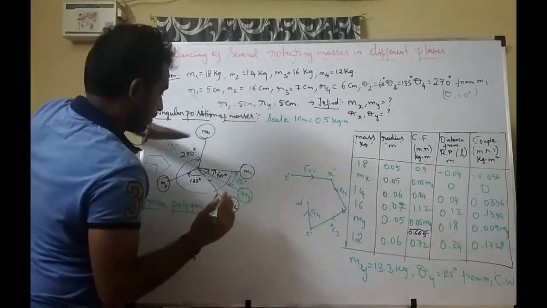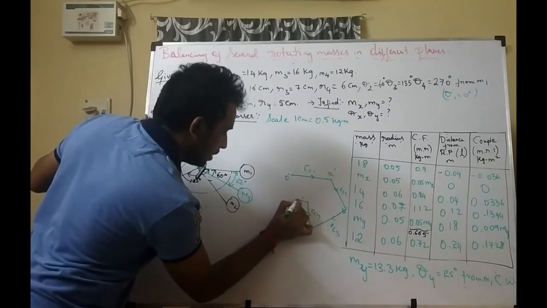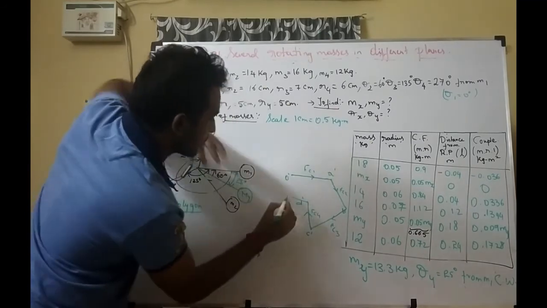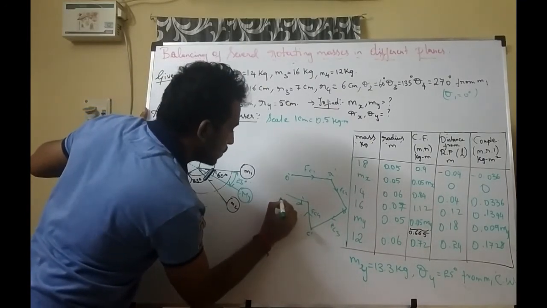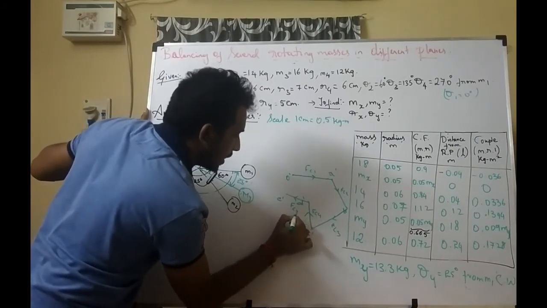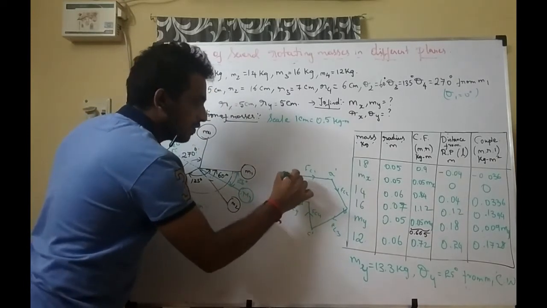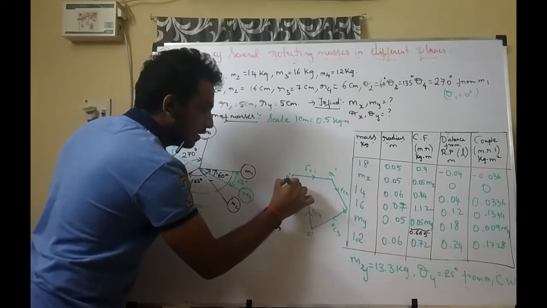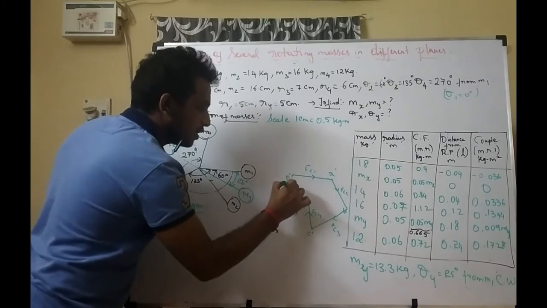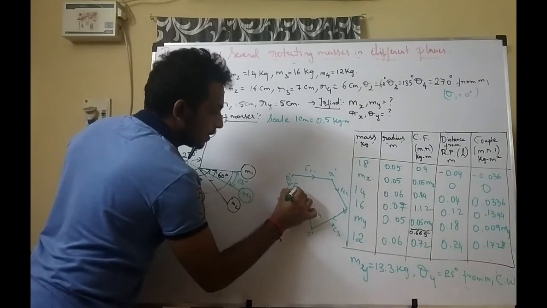We know our mass is placed in this direction, so drawing parallel we get D dash to E dash. This is FC of Y, that is the balanced mass, and the closing vector O dash to E dash gives us the value of FC of X.